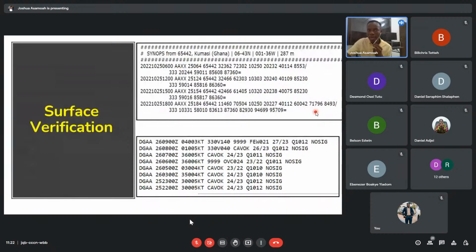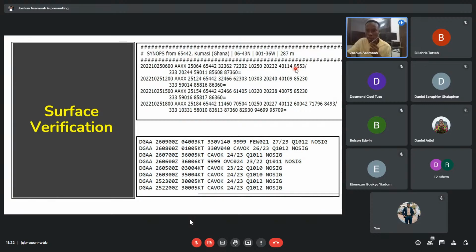But 95, 96, those are all rainfall codes. So they are all telling you the present weather and then the past weather. So this is telling us that at that particular time, at 1800, it wasn't raining. There was thunder, all right, but there was no rainfall. But in the past, it was raining with thunder. So the rain had ceased around that time, but there was still some thunder being heard at the Kumasi airport.